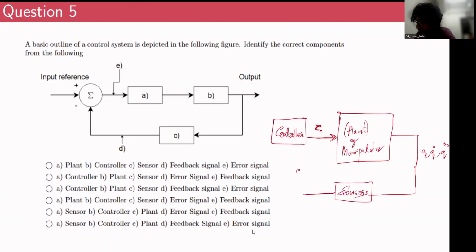So here we have q actual, q dot actual, and q double dot actual. And we would compare this actual with the desired trajectory coordinates, maybe q desired, q desired dot, and q desired double dot.